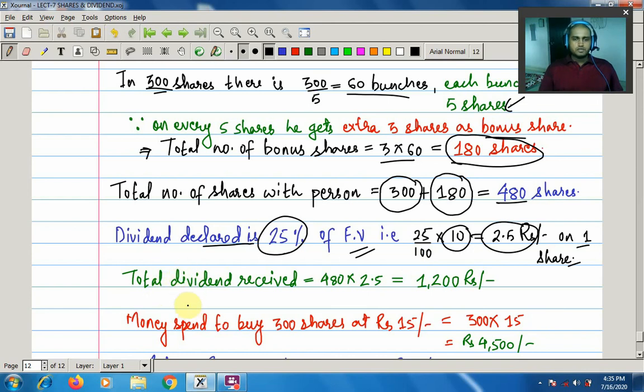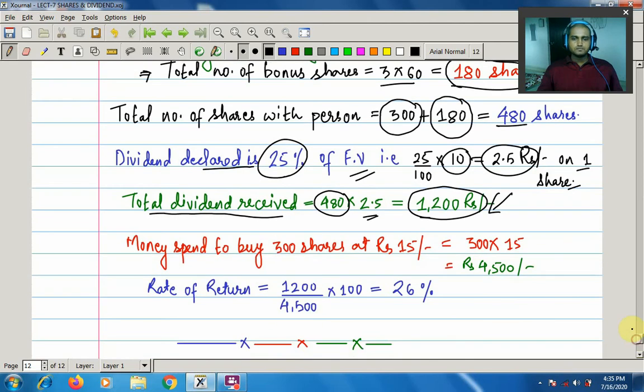He has 480, and the total dividend received on 480 shares is 480 into 2.5. So 1200 rupees. So this is the profit earned by that person by investing in 300 shares.